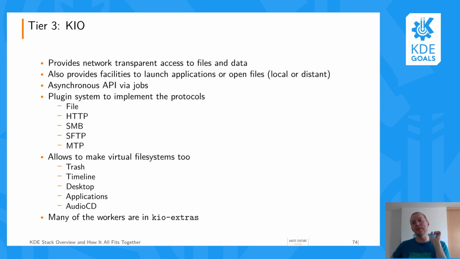And that's very cool because even on that virtual one, we have subfolders for the different codecs that you might want. Then you see the files, you just copy them into a folder, and it will rip and encode the CD for you. Many of those workers, though, are in KIO Extra.